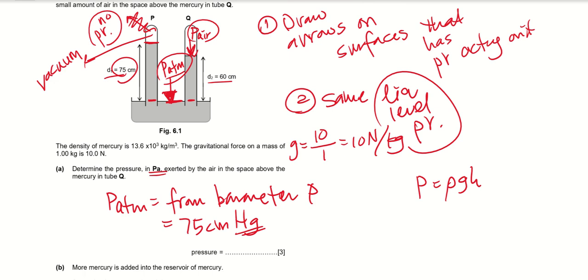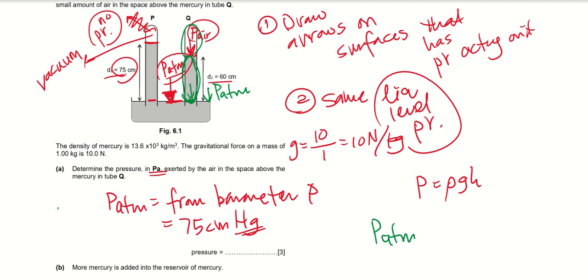Now we look at barometer Q using a different color. Again, we have same liquid, same level, same pressure. Over here will be PATM. But over here, the pressure acting on this liquid is due to the height of mercury above here and also P air. So now I can form an equation.